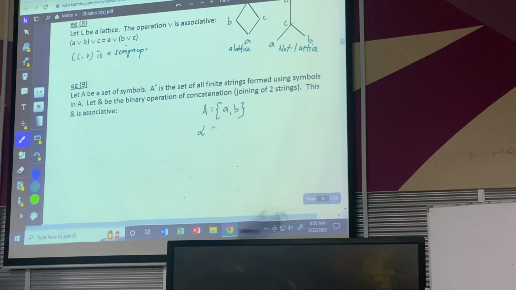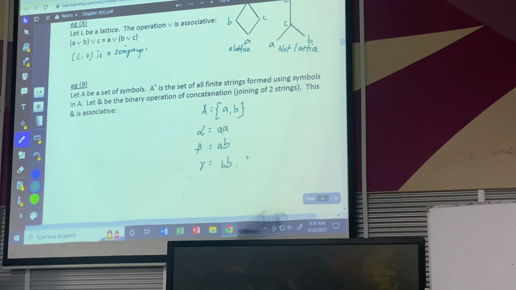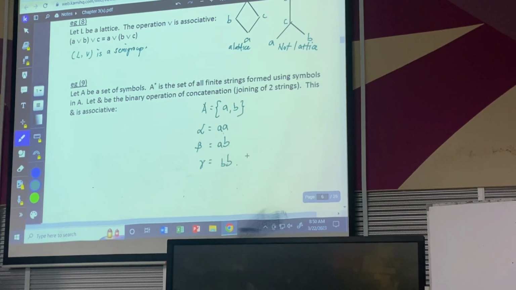First one, let's say I have alpha. We have the string of AA. Beta, I have the string of AB. Gamma, I have the string of BB. So now I have 3 here.